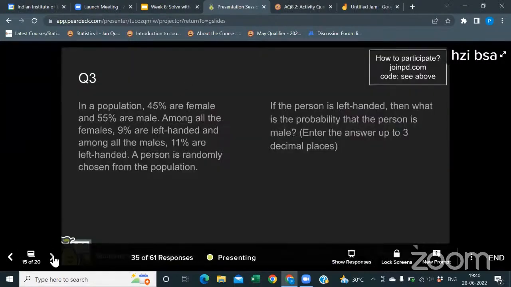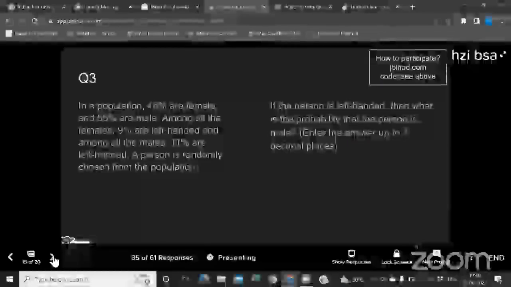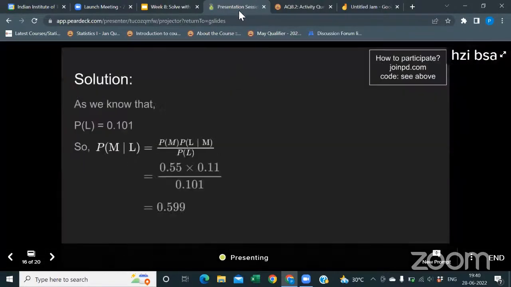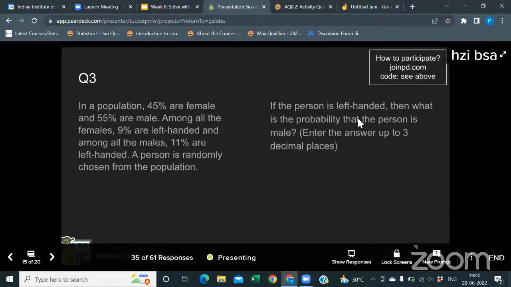Is my slide visible? So what is the correct answer? The correct answer is 0.599. See, the question is to find the probability of male given that the person is left-handed, right?